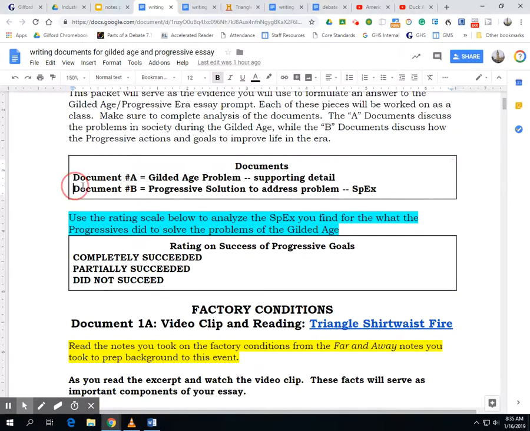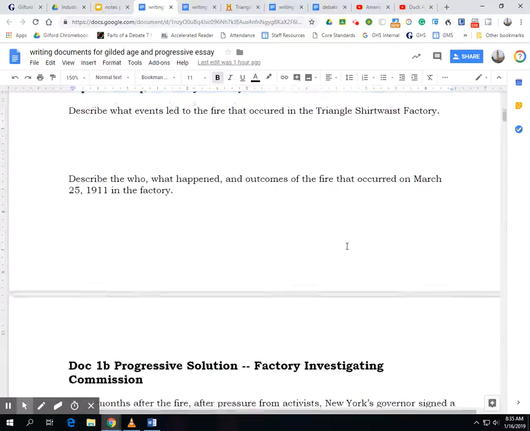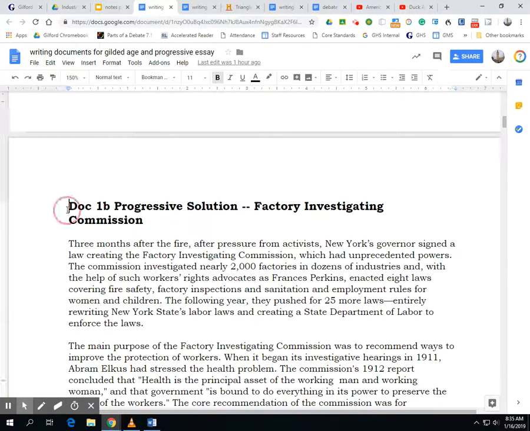The second document in a number set will be labeled with a number and the letter B. This will be the progressive solution, a primary source based on the problem that was addressed. So for the Triangle Shirtwaist Fire, for instance, document 1B focuses on a commission that was formed 3 months after the fire called the Factory Investigating Commission.